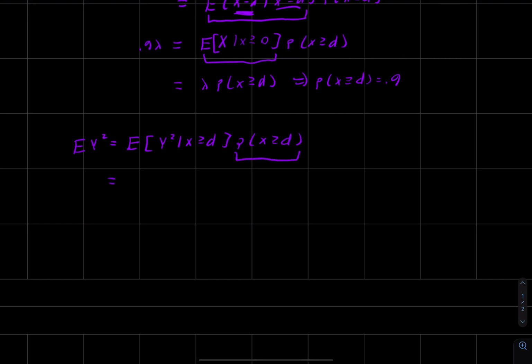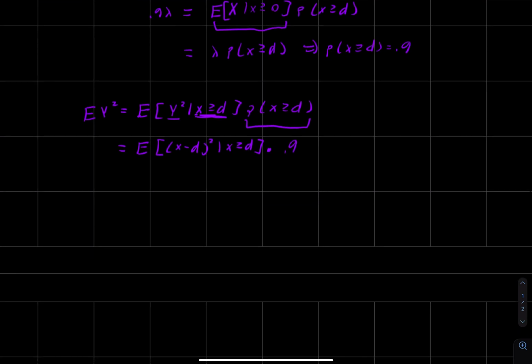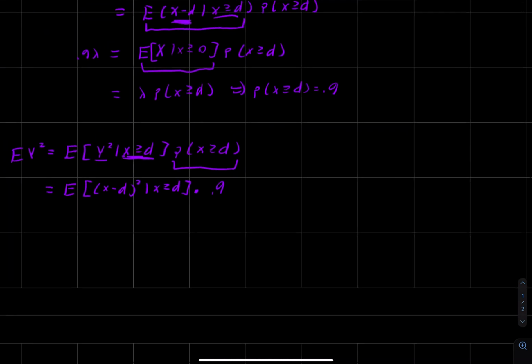So let's go ahead and break this down a little bit further. Again, using the same logic, when we're in this portion of the support, when we're greater than the deductible d, the expected value of Y squared is just the expected value of X minus d squared, given that X is greater than or equal to d, times 0.9. So, this is where it's helpful to know your memoryless properties.